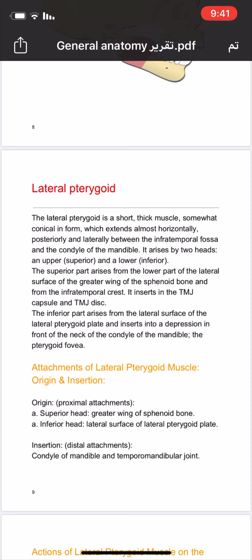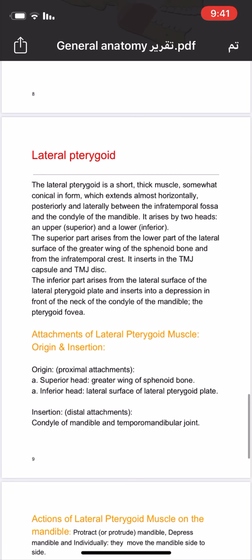It arises from two heads, superior and inferior, meaning upper and lower. The superior part arises from the lower part of the lateral surface of the greater wing of the sphenoid bone and from the infratemporal crest, and inserts in the TMJ capsule and TMJ disc. The inferior part, the opposite of the superior, arises from the lateral surface of the lateral pterygoid plate and inserts in the depression in the front of the neck.